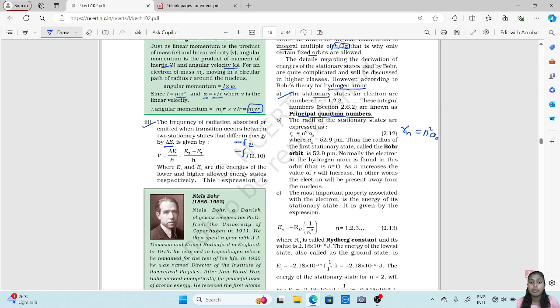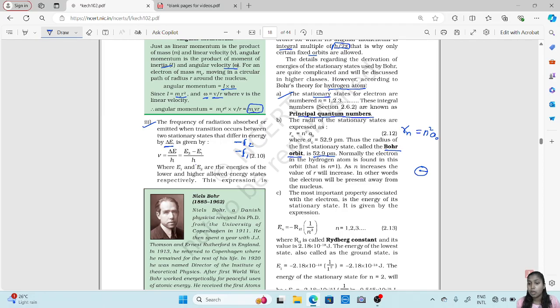Thus, the radius of the first stationary state, that is this one near the nucleus, is called the Bohr orbit, and its radius is 52.9 pm.